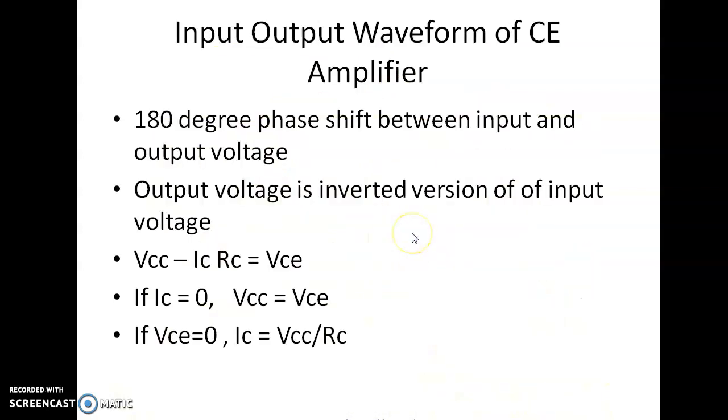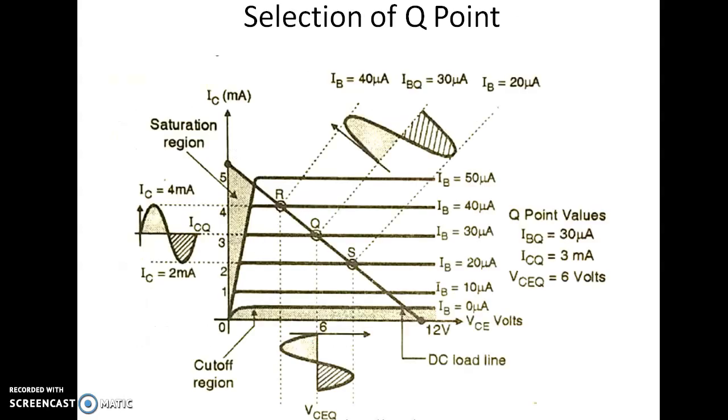If we assume IC is equal to 0, that is collector current is 0, we get VCC equal to VCE. If we assume VCE, the collector emitter voltage, is 0, then VCC is equal to IC RC and IC is equal to VCC upon RC. So we are getting the selection of the Q point.